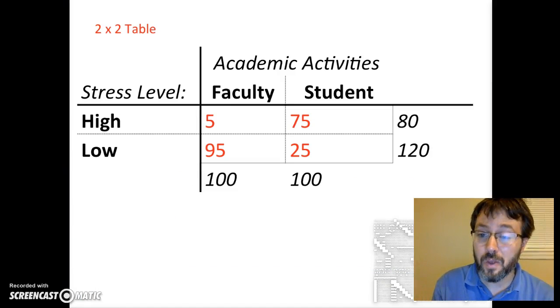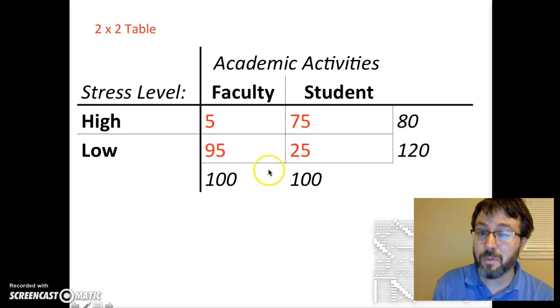Or stated another way, looking at our 2x2 table, the null hypothesis is that the academic activity of faculty and student is independent of the stress level, and the stress level is independent of the academic activity. So that's the null hypothesis, that these two rows and columns are independent of each other.